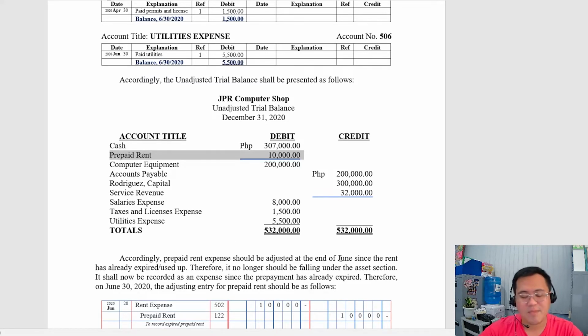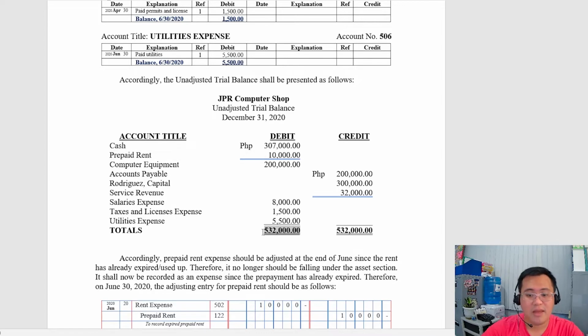We adjust because we have to carefully look at the different transactions during the journalizing and posting phase, because there are times that we might interpret the data wrongly, or we might interpret the problem or transaction wrongly. Same with this example. Instead of prepaid rent, we actually debited prepaid expense.